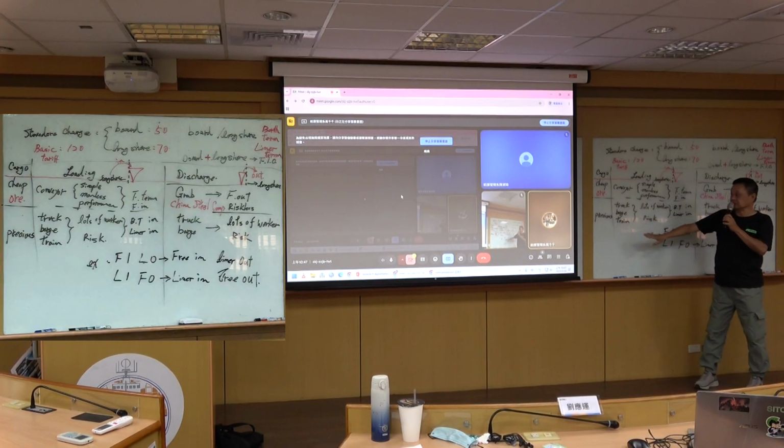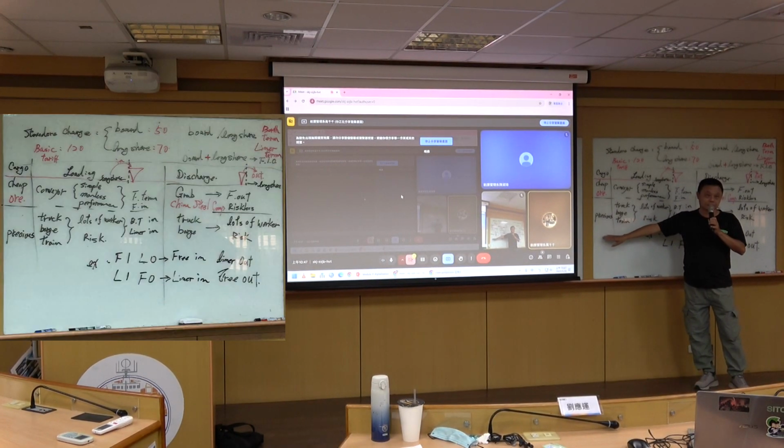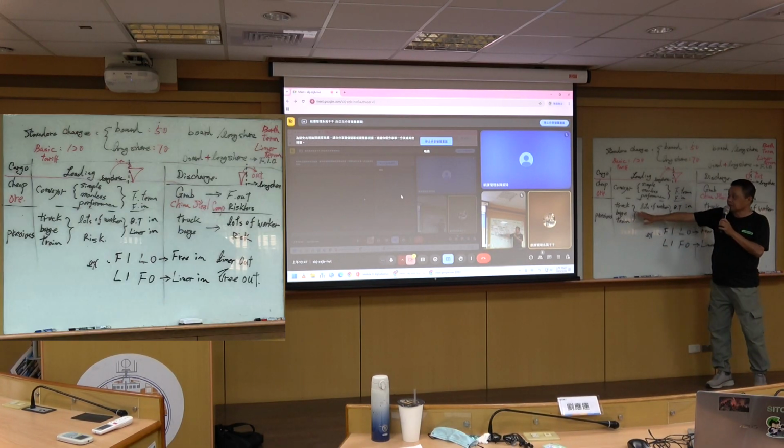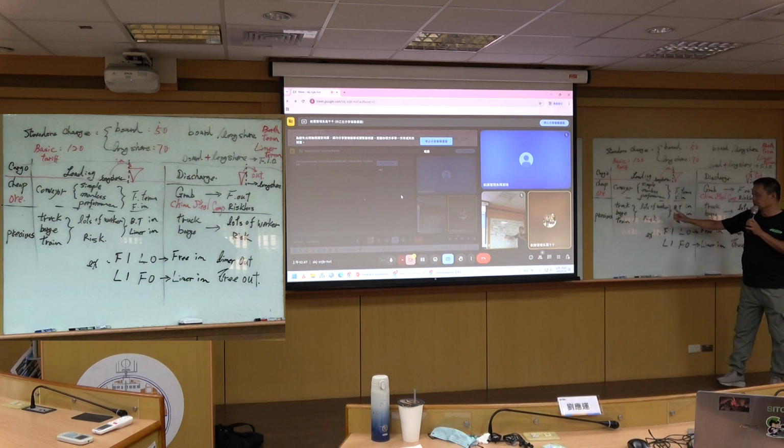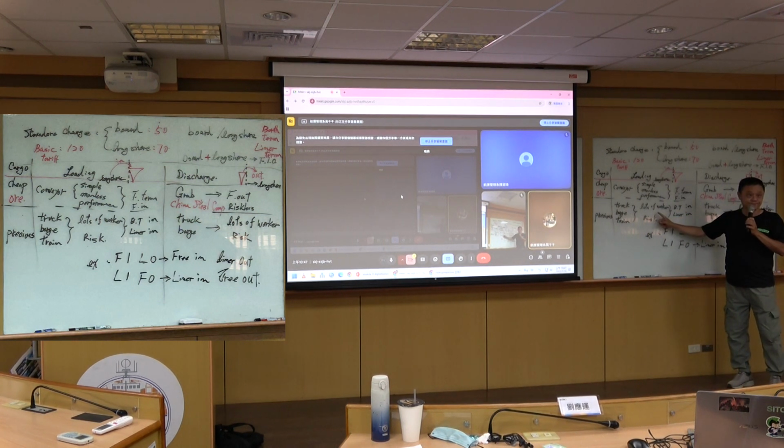But if the cargo is expensive, for example, like a train or high speed, mechanical, anything very expensive, then they come to the ship side by truck, barge, or train. A lot of workers, then very high risk, because men walking is very high risk.